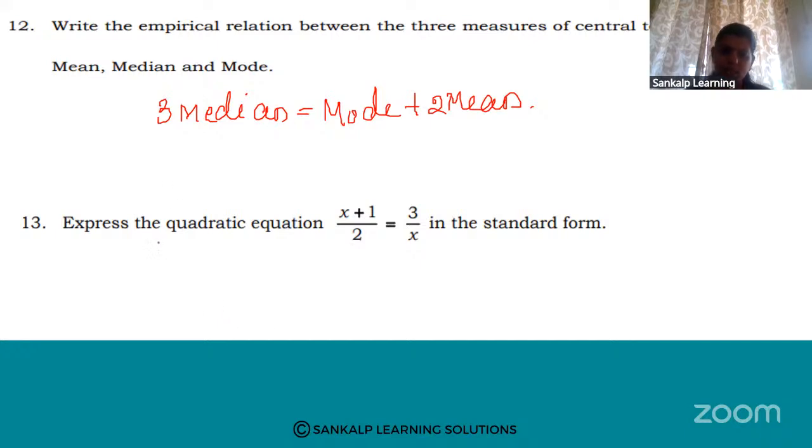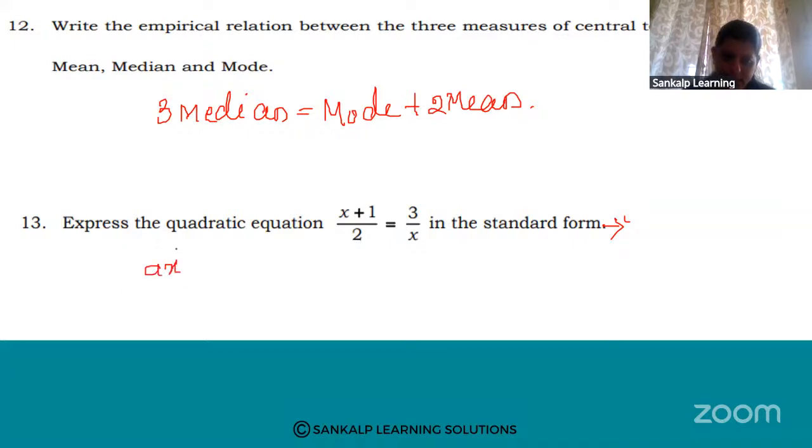Next, express the quadratic equation x plus 1 divided by 2 is equal to 3 divided by x in the standard form. So we need to express this equation in the form of a quadratic equation. What is the standard form of quadratic equation?